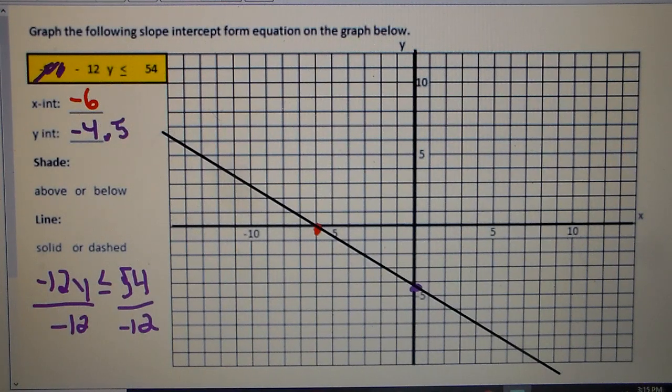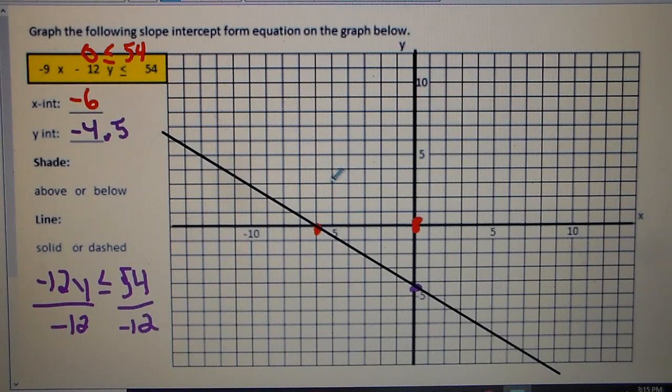Now, to determine which way to go, I'm going to put a 0 in for x and a 0 in for y. So we have 0 is less than or equal to 54. That is a true statement. So we plugged in the 0, 0 point.